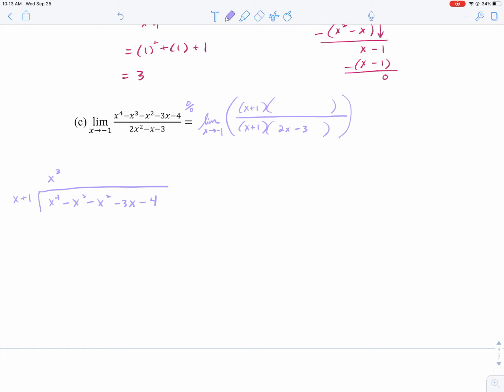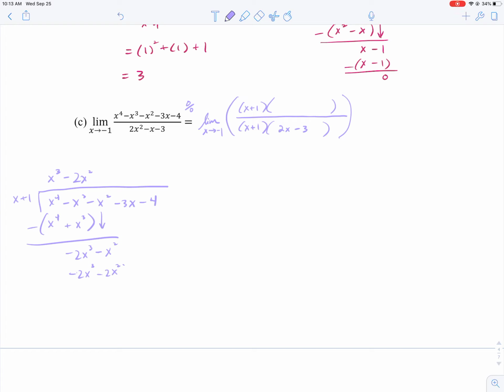So x cubed times x gives me x to the 4th. Okay, subtract. Bring the minus x squared down. Minus 2x squared times x would give me negative 2x cubed.